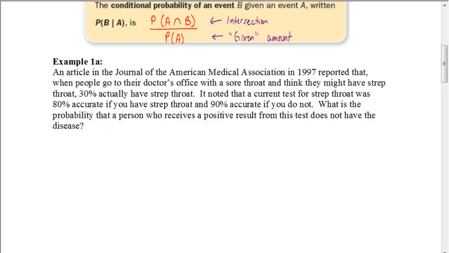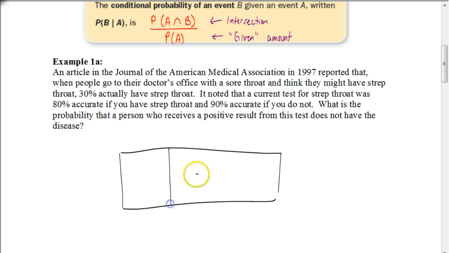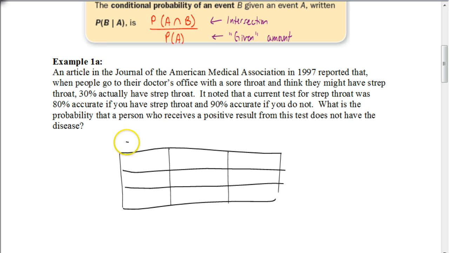So what we're going to do first is set up a table. The way that we're going to set this up is we're going to have a situation where we actually do have strep, and we can also have a situation where we don't have strep.